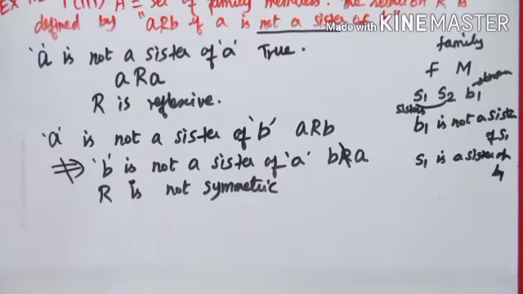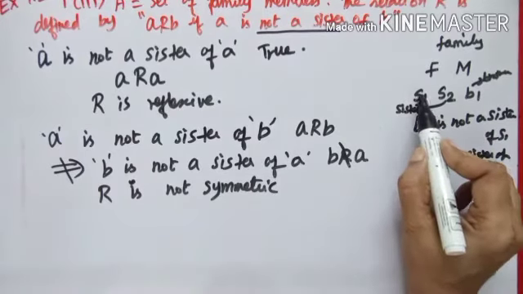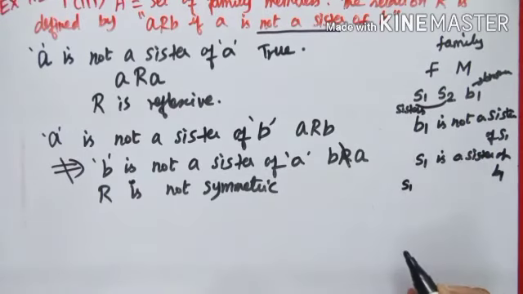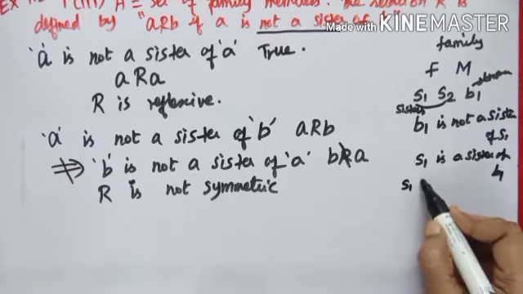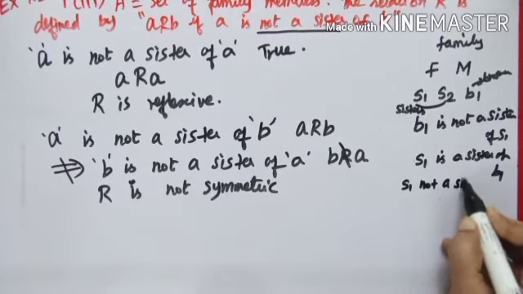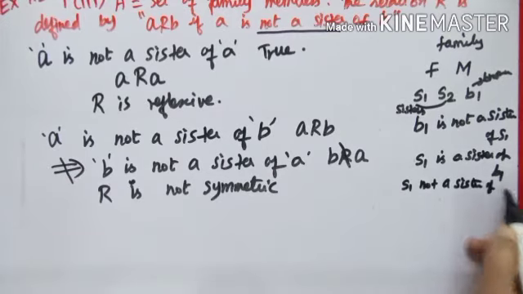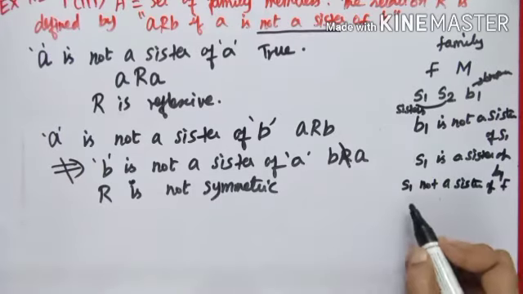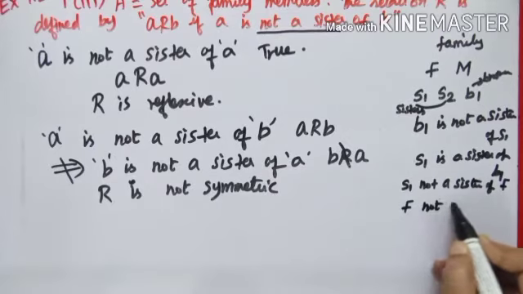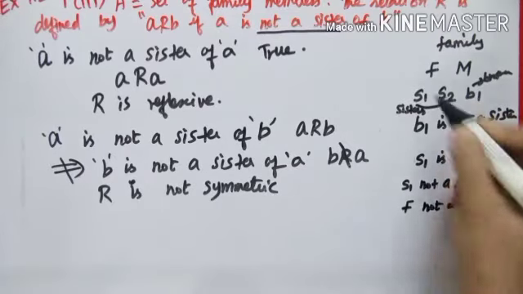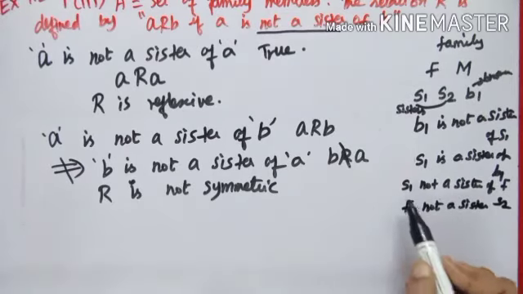The next idea, take sister 1. She is not a sister of father. Correct. S1 not a sister of father. Father not a sister of the second daughter, say S2. S1 is not a sister of F. F is not a sister of S2.